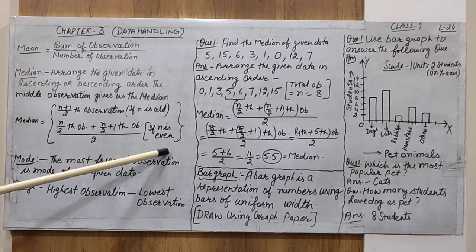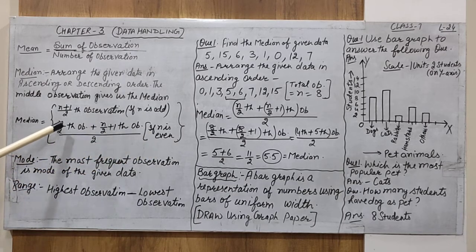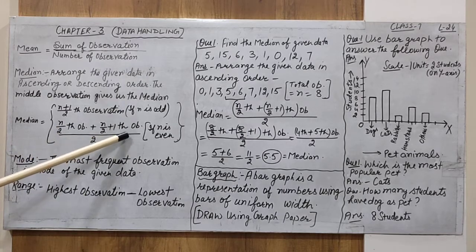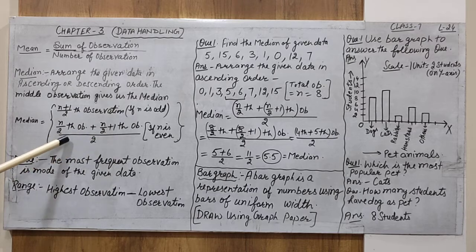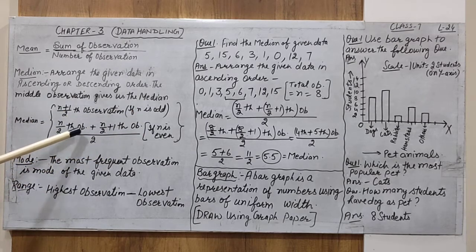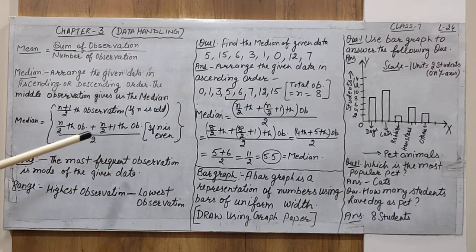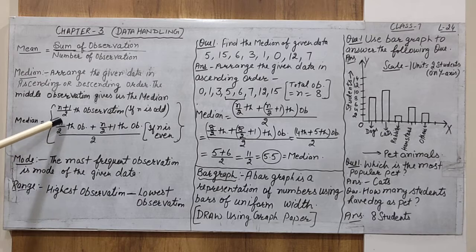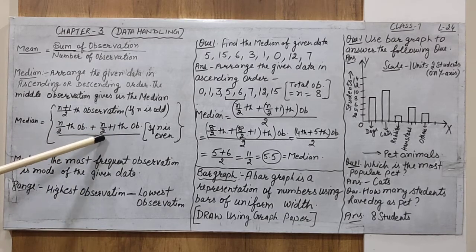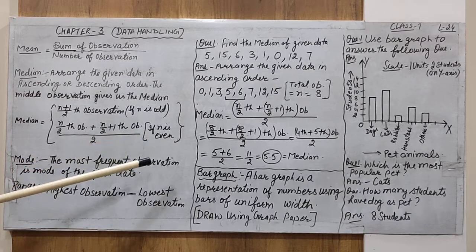Next, if n is even, then there are two observations in the middle. Both are answers of the median, but to get one answer we find the mean of these two observations. The first is the n by 2th observation, and the second is the (n by 2 plus 1)th observation.